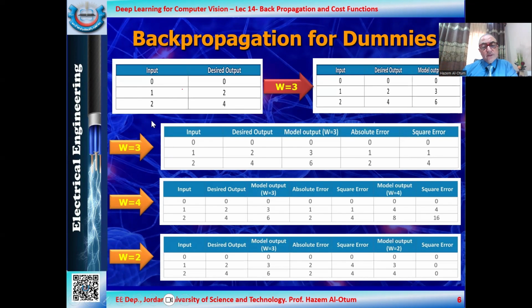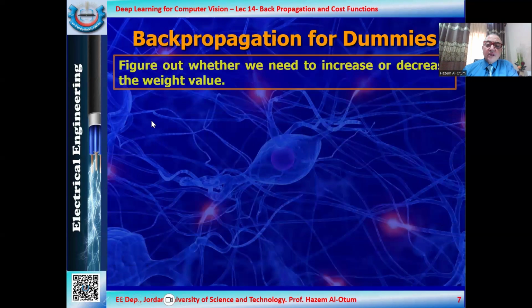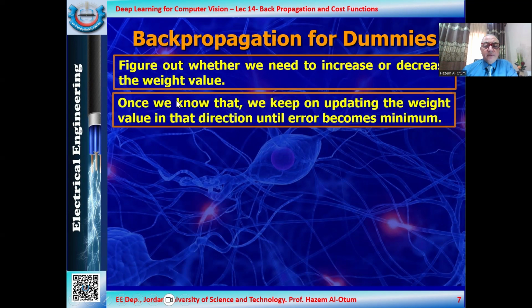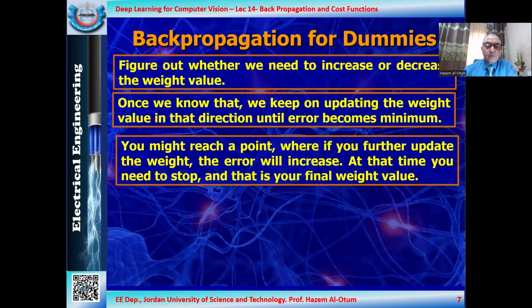It depends on the application itself. So we now figure out whether we need to increase or decrease the weight. As we have seen that it has reached a minimum, we can stop at this point, and there's no need to update the parameter W.